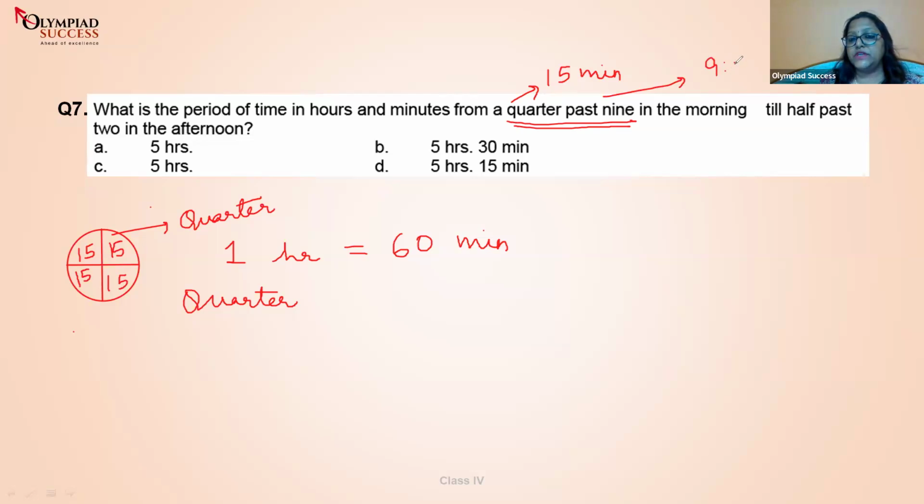And this is morning time, so this has to be AM. So what is the time? 9:15 a.m. Is it clear, beta? Quarter means 15 minutes, and since it has passed 9 o'clock, this becomes 9:15 a.m. Okay.